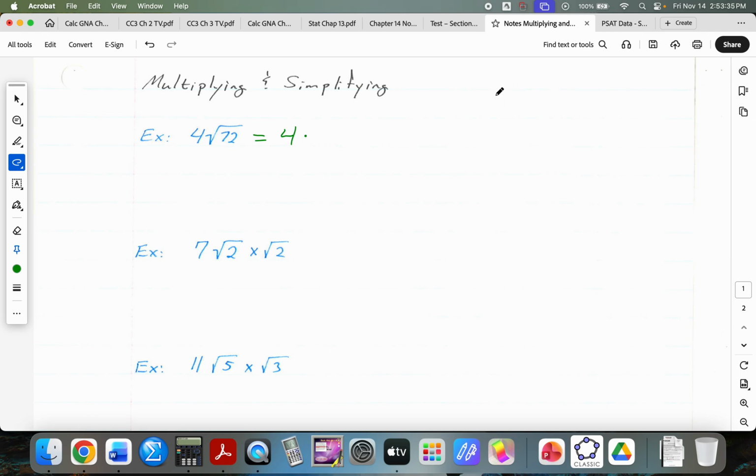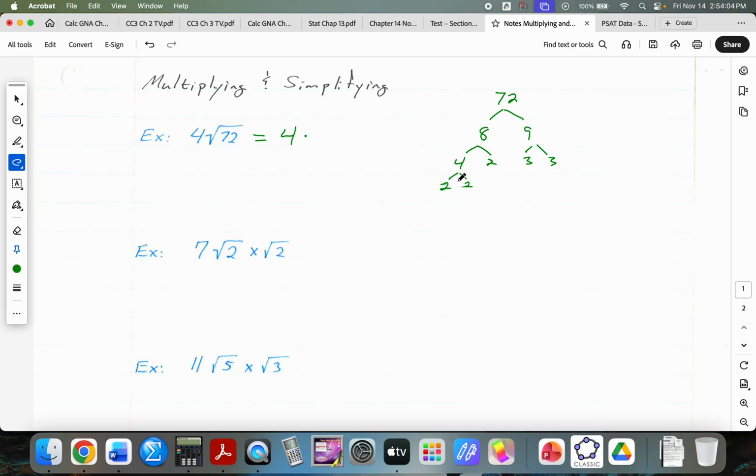I imagine most of you are going to start with 72 and go, okay, that's 8 times 9. And then 8 I can divide into 4 and 2. And the 9 I can divide into 3 and 3. And then with the 4 it's 2 and 2.